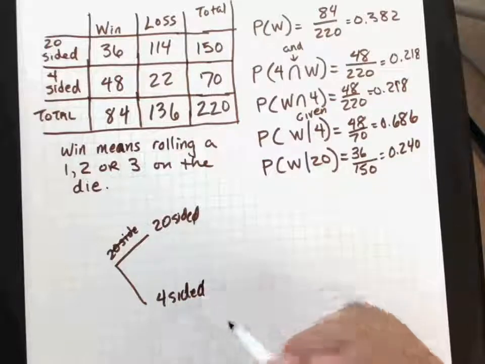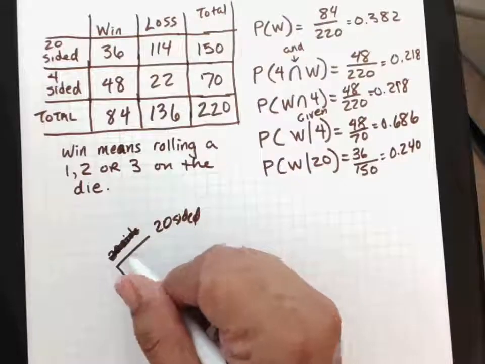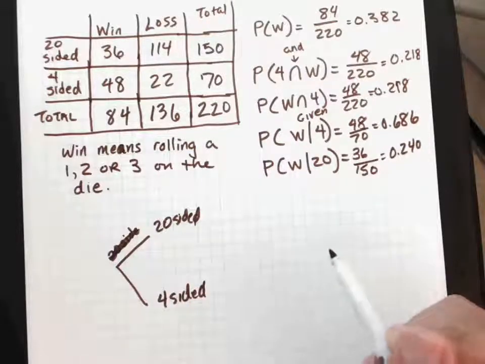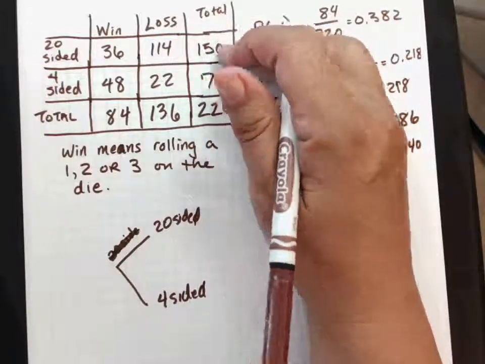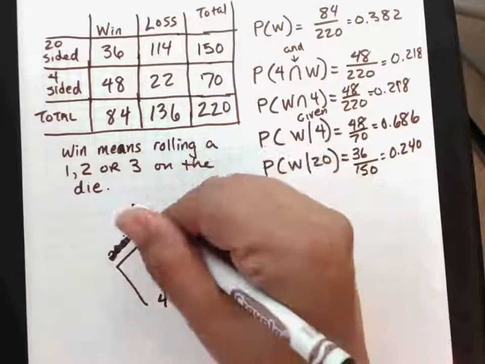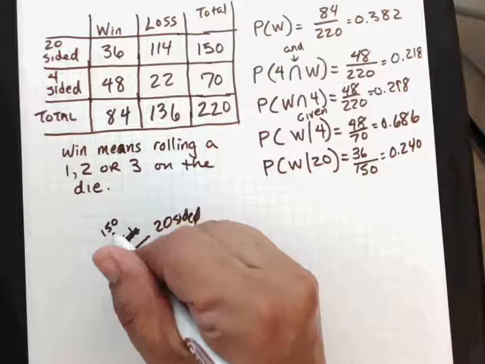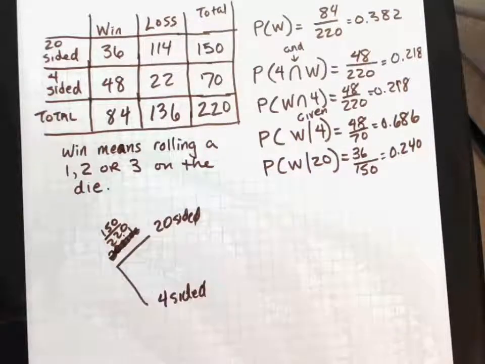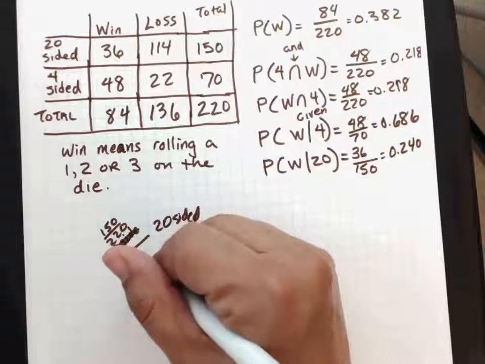Well, I usually like to put my numbers here, what fraction of the rolls are 20-sided? It's 150 over 220. So this is the probability of a 20-sided die, 150 over 220, and I'm getting basically 0.682.